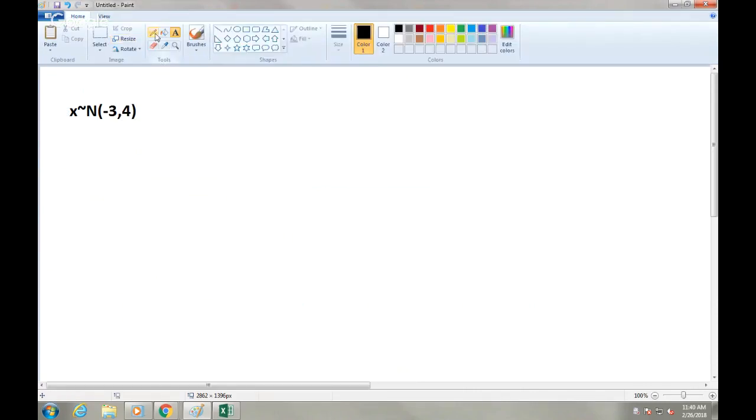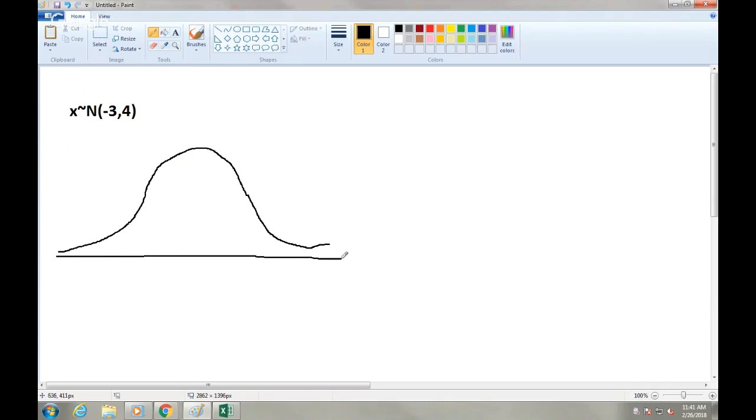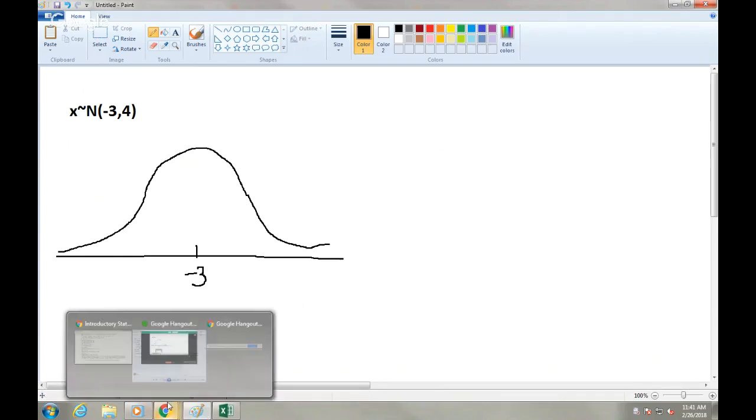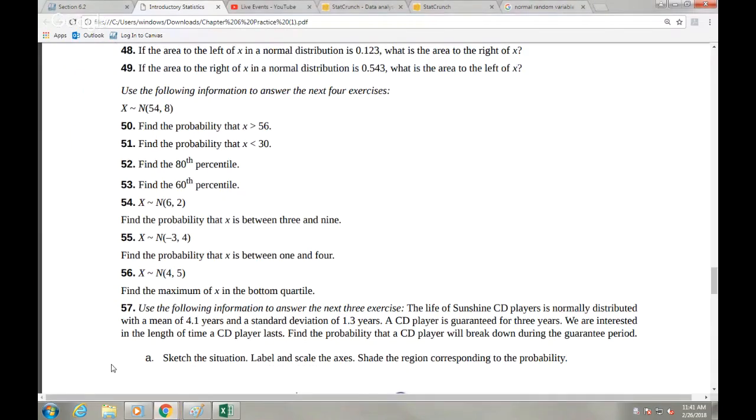Okay, which means I am dealing with a normal curve whose high point, whose mean and median and mode is all the same at -3. That's what's at the center here. And what we are asked for is find the probability that x is between 3 and 9.